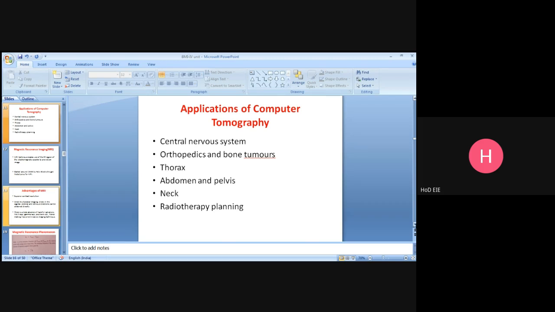And coming to the thorax part, it is very useful in the screening of people who are at high risk, that is chronic smokers who are at risk of getting cancer. That is for earlier detection of lung cancers.